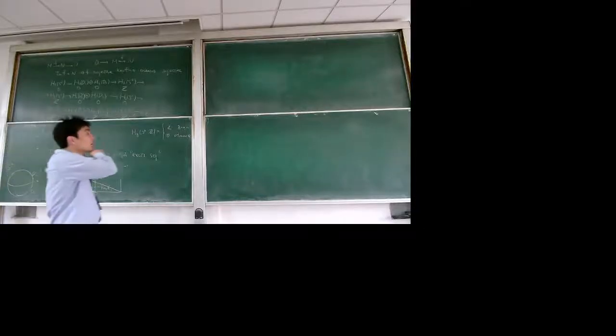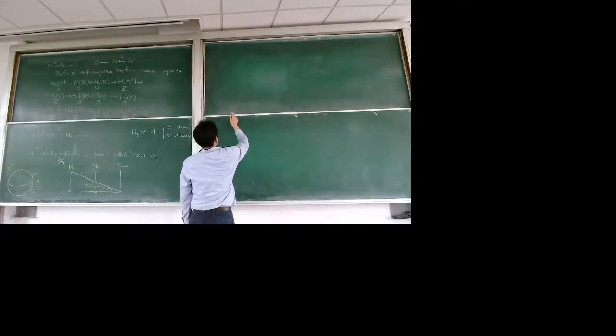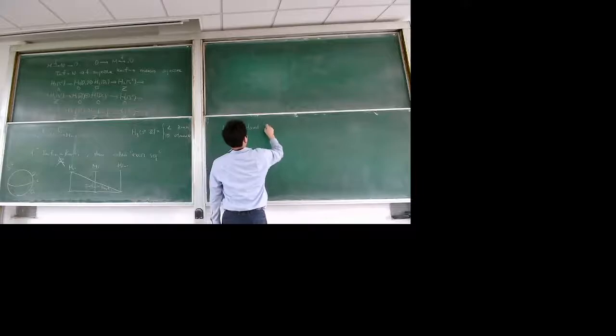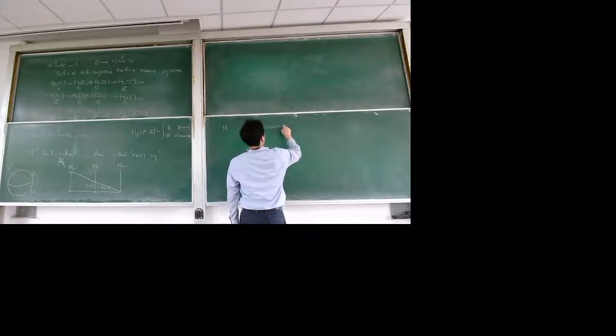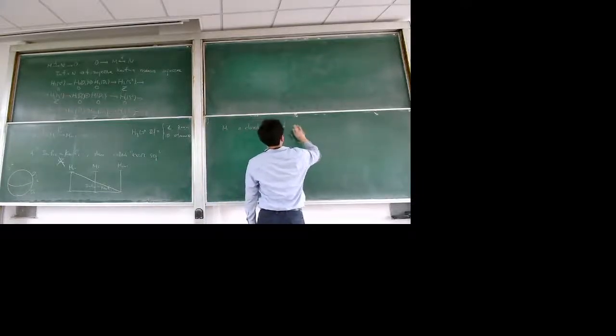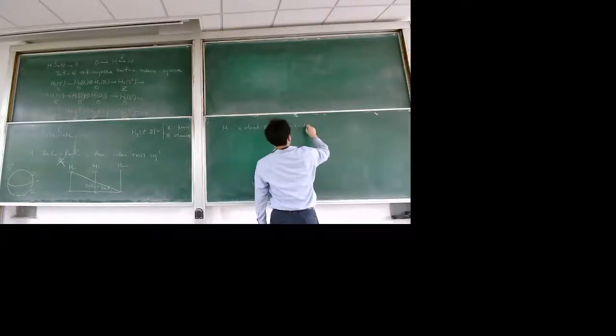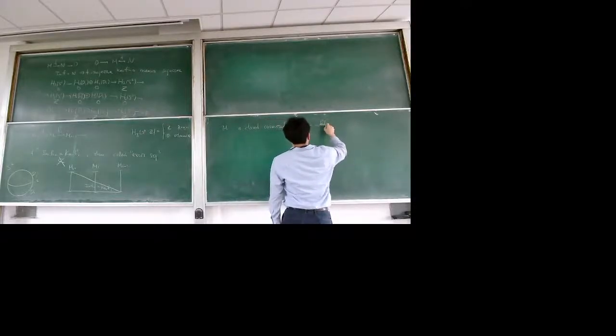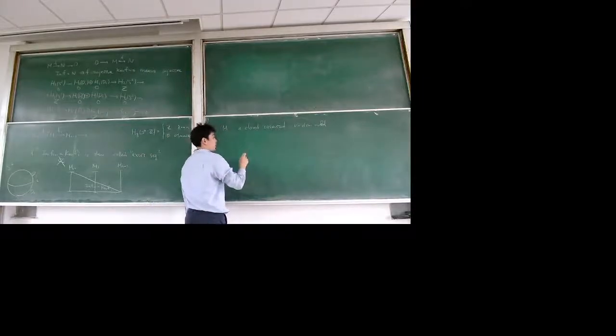And also, I didn't explain something. So if you have a manifold M, a closed, oriented, n-dimensional manifold, then you start with the complex.